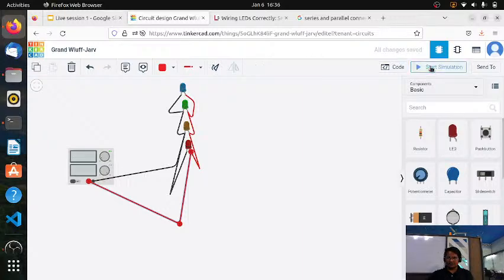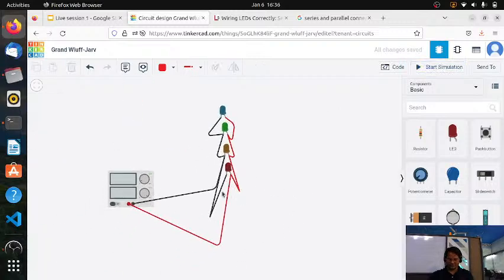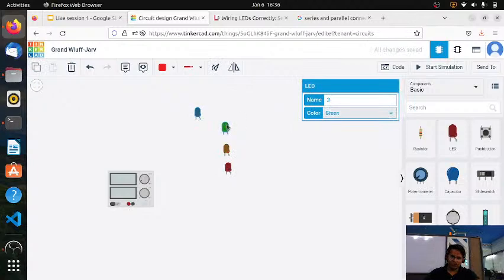Let's see series connection with 4 LEDs, and let's see the voltage. So let's see this wire. Now this time I'm going to connect 4 LEDs, and as per the calculation we need to apply 8 volt, then only all are going to glow. If we apply less, then it will glow, but probably it will be dimmer.